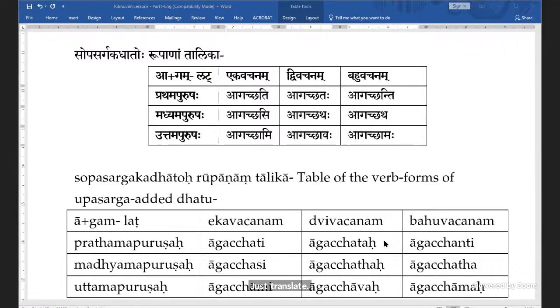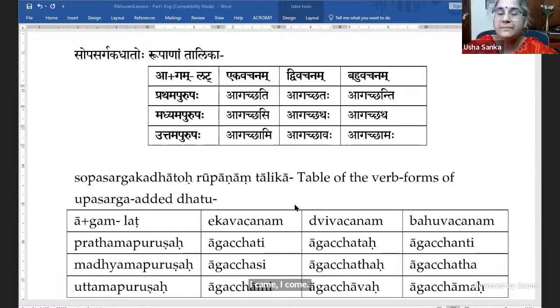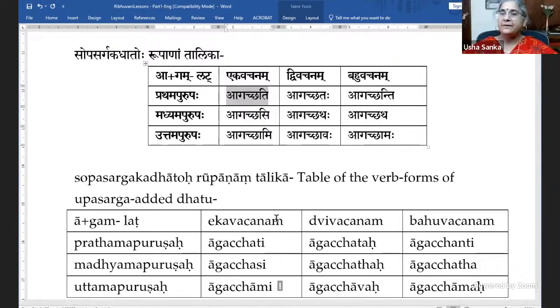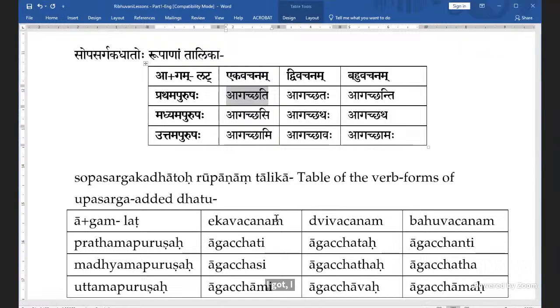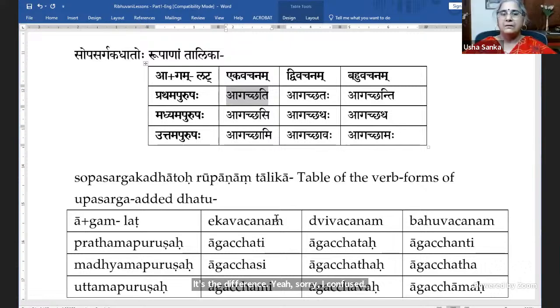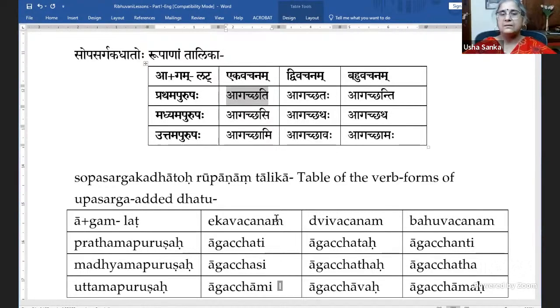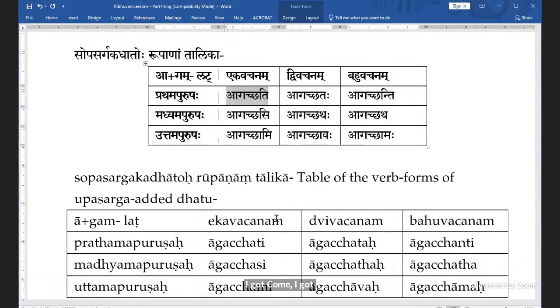I came. I come. It doesn't start with I. Tell the word and tell the translation, right? Agachati. I come. Not I, not I. It's the difference. Yeah, sorry, I confused. He comes. Agachataha. They two come. Agachanti. They many come.